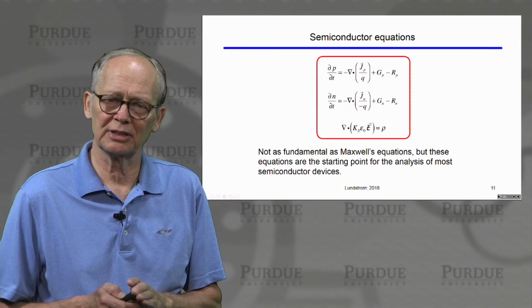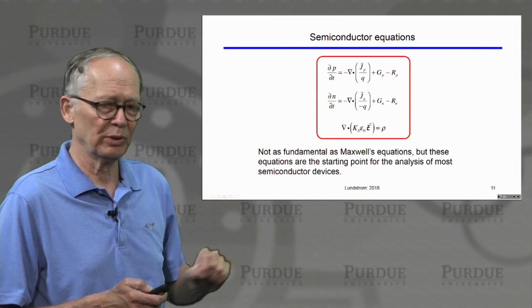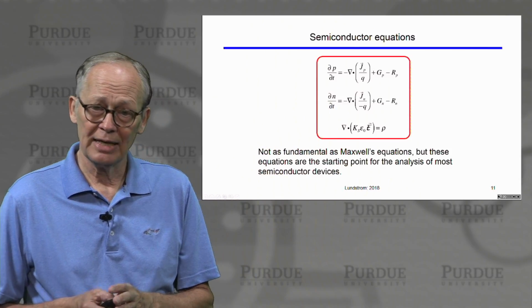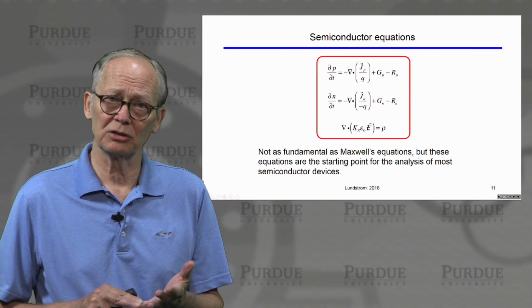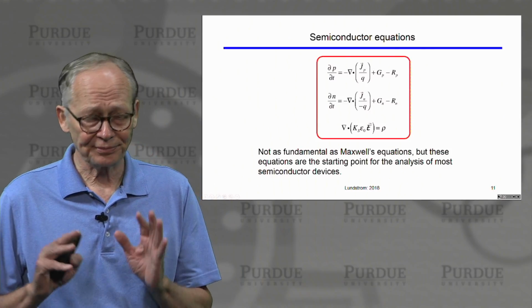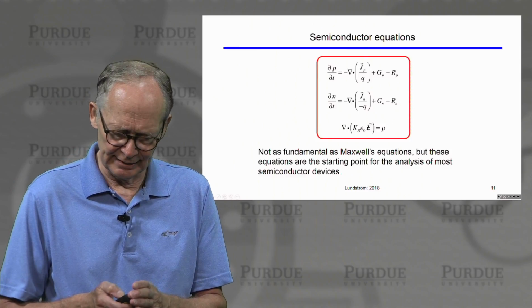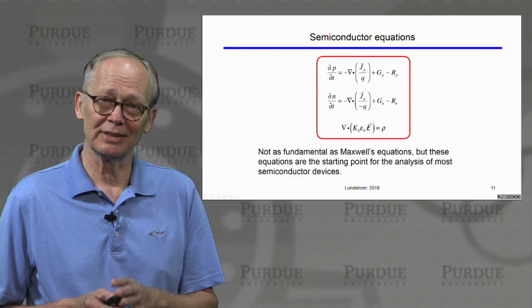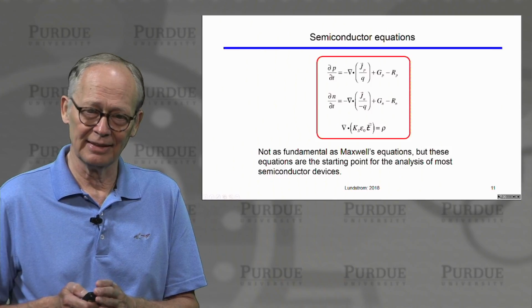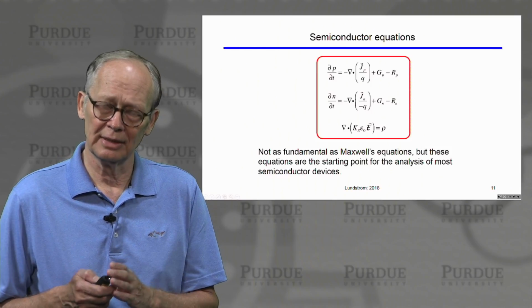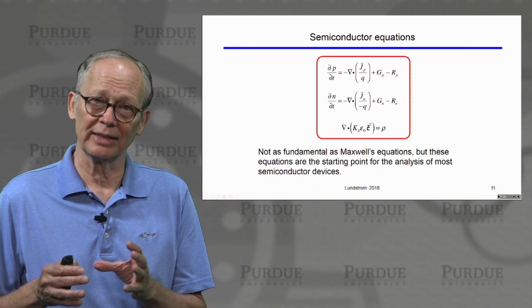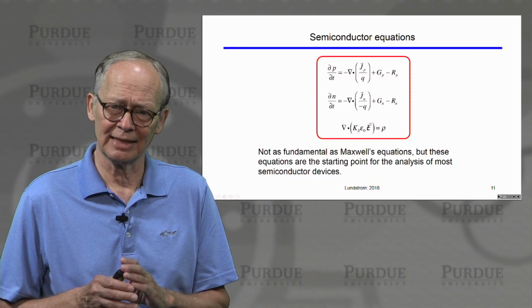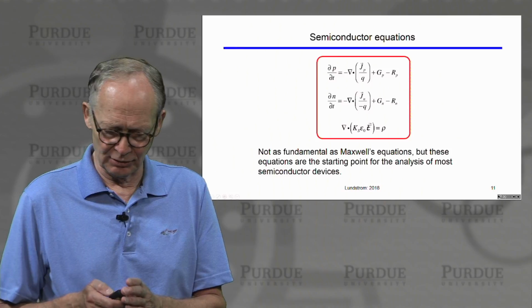When you encounter a new semiconductor device, these are the equations that we need to solve. They're relatively complicated. These are three coupled partial differential equations. They're nonlinear. So their solution is not completely trivial. It takes some skill and thought and understanding of the physics underlying them in order to simplify them appropriately and understand the operation of devices. But that's what understanding devices is all about.